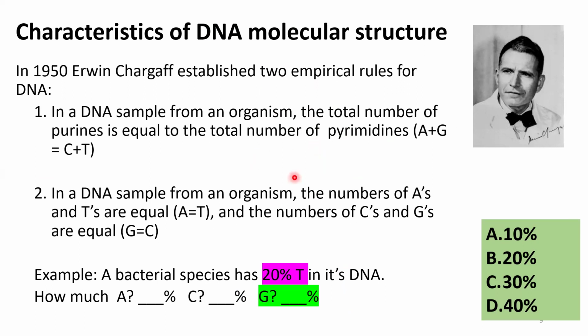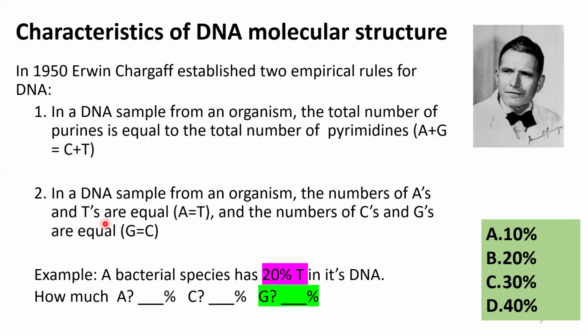This later became known as Chargaff's rule for DNA itself. What we see is that in a DNA sample from an organism, the total number of purines is equal to the total number of pyrimidines. So it would be A's and G's equal to C's and T's.